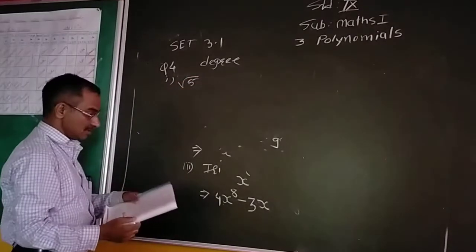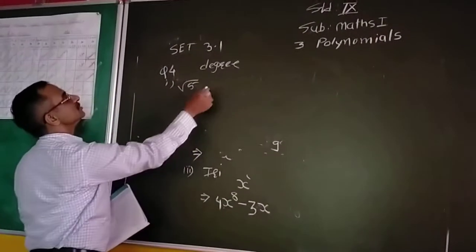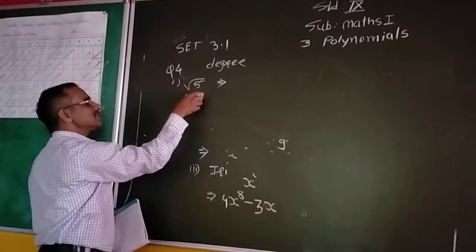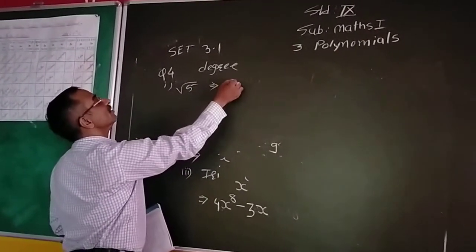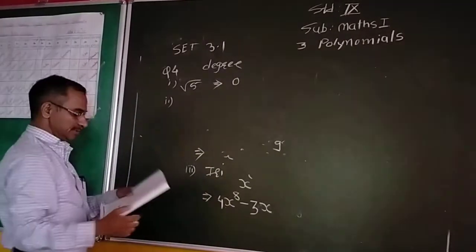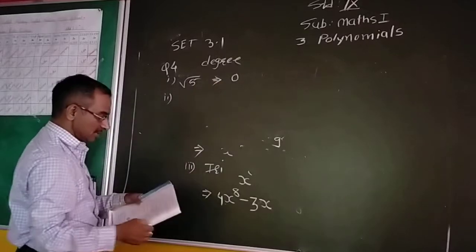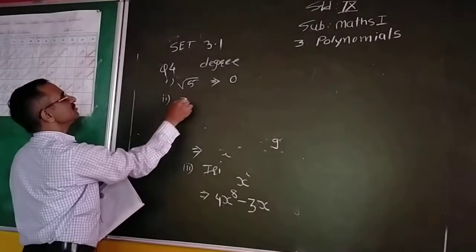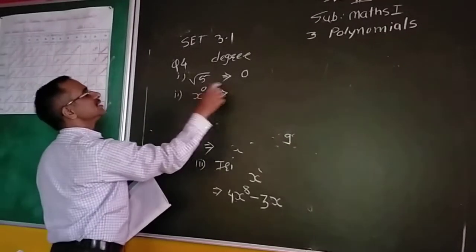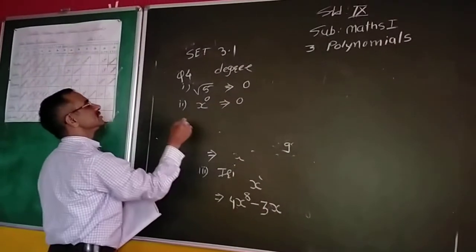Under root 5. What is the degree of a constant? This root 5 is a constant number. So the degree of a constant is always 0. So it will be 0 degree of the given polynomial. Then x raised to 0. What is the highest power of the variable? It is 0. So the degree of it is 0.